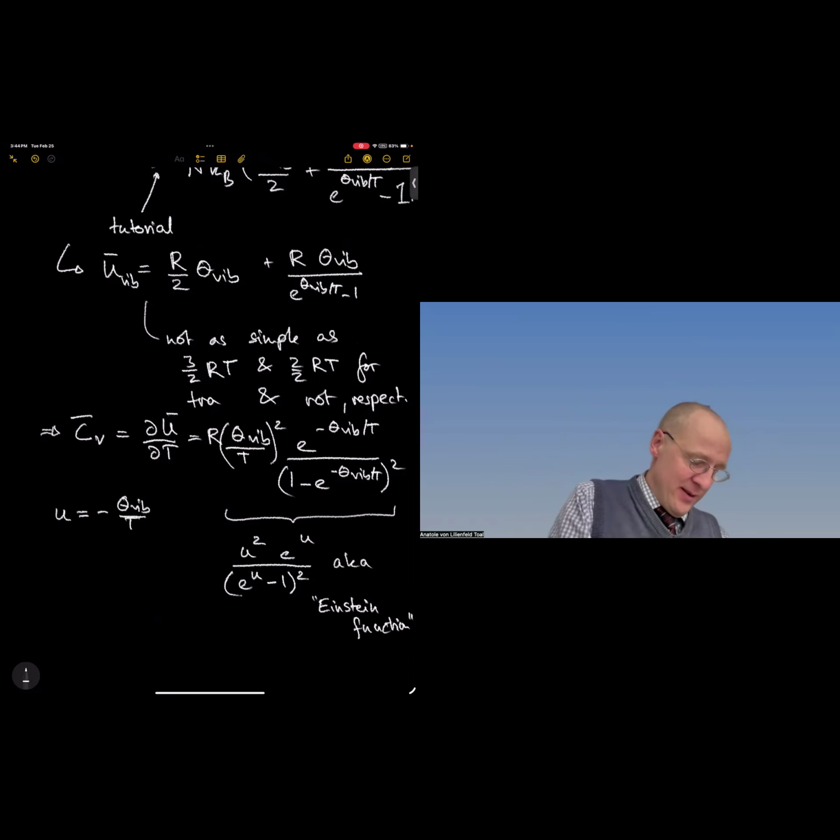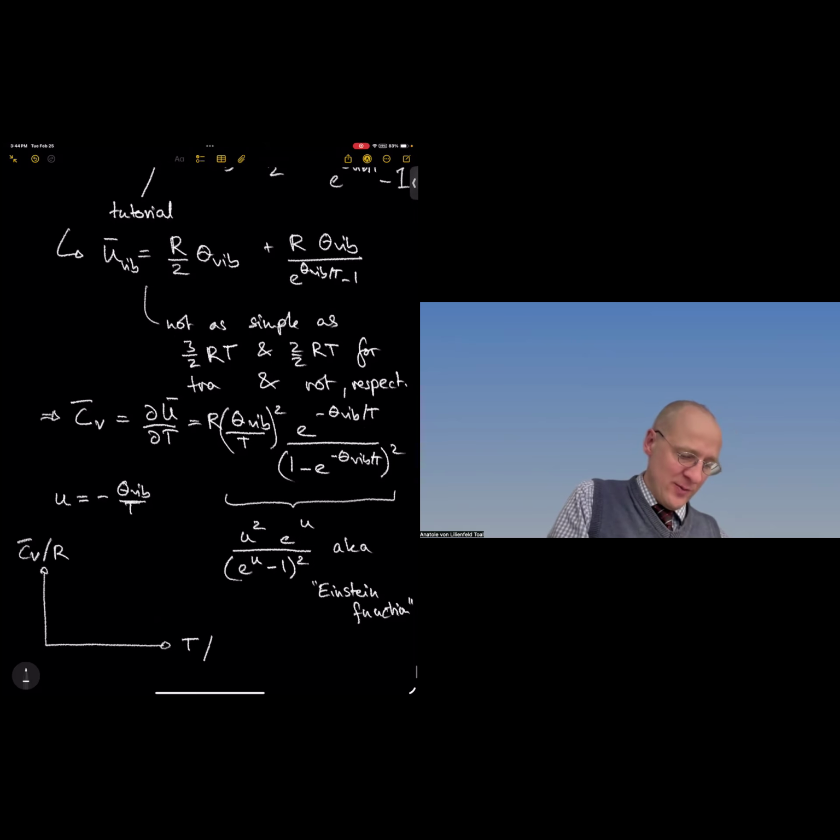And the way this looks like, if you look at your heat capacity in terms of gas constants and in terms of characteristic temperatures, so this is basically normalizing things, then you encounter a curve which looks something like this.